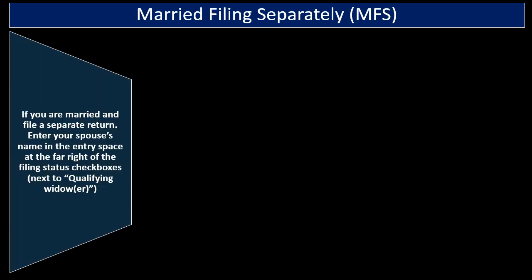Married filing separately, MFS. This is a more unusual case. Most of the time, if you have a married couple, it's usually beneficial to go married filing joint, but in some special situations, you might have married filing separate, the more unusual case. If you are filing a married filing separate return, enter your spouse's name in the entry space at the far right of the filing status checkbox next to qualified widower.